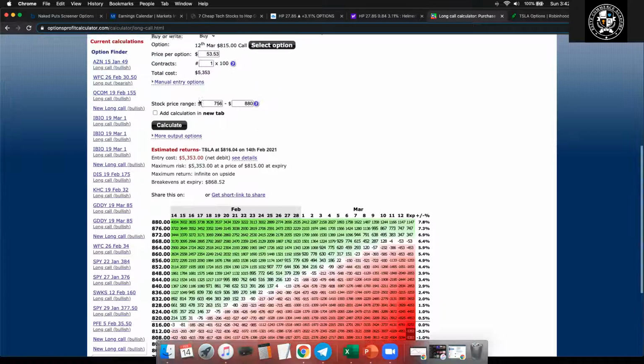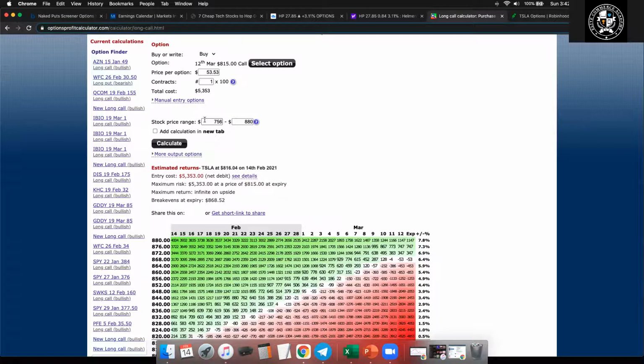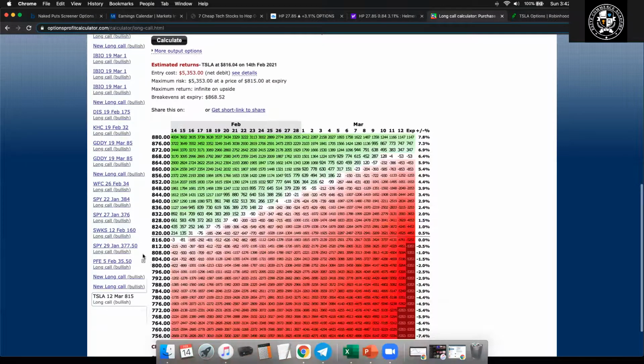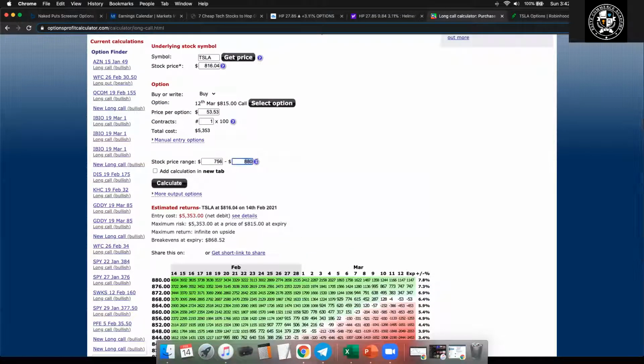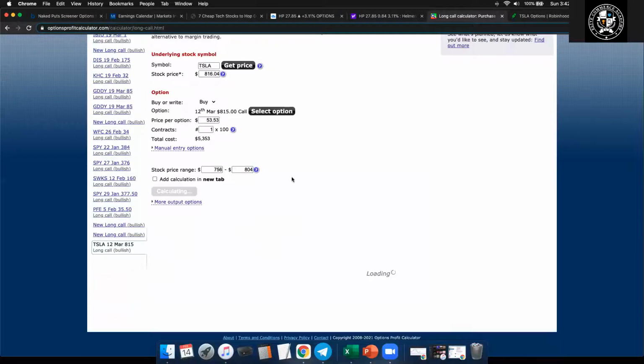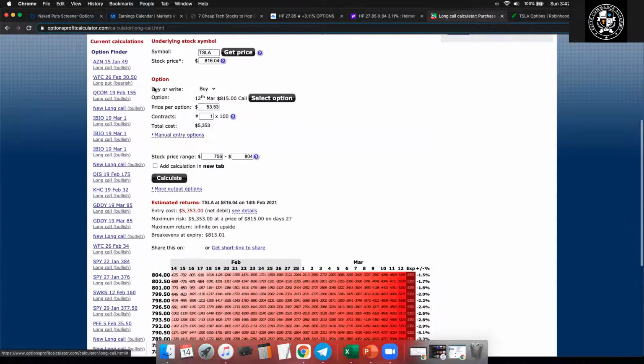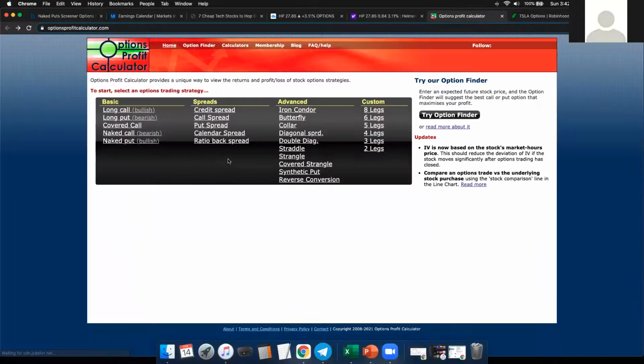You want to look at stock price range. So if you don't plan on being in this thing beyond 804, then you can just type in 804 right here and recalculate. You know what I'm saying? Oh, it ain't supposed to look like that. Hold up. Let me go back. I put it at the wrong one.